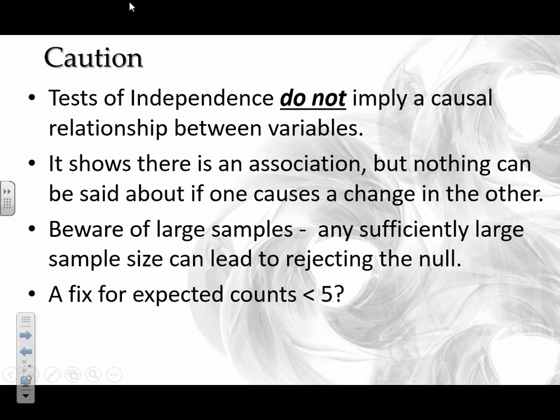Then what would end up happening is I would take these 2 rows and combine them into one overall row. I would put all of their counts together. So all of their observed counts get put together. So now I still have 3 columns, but now I only have 3 rows.